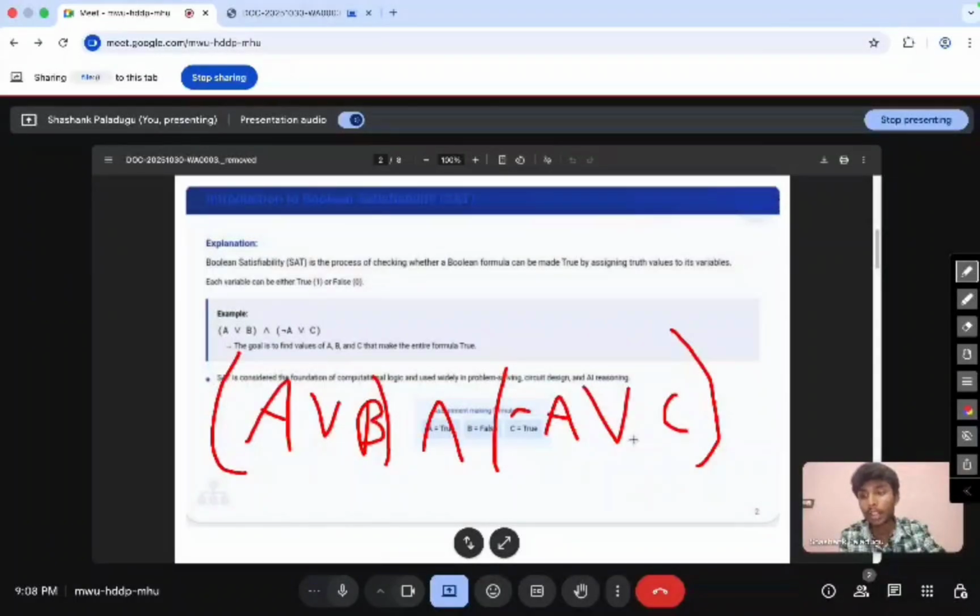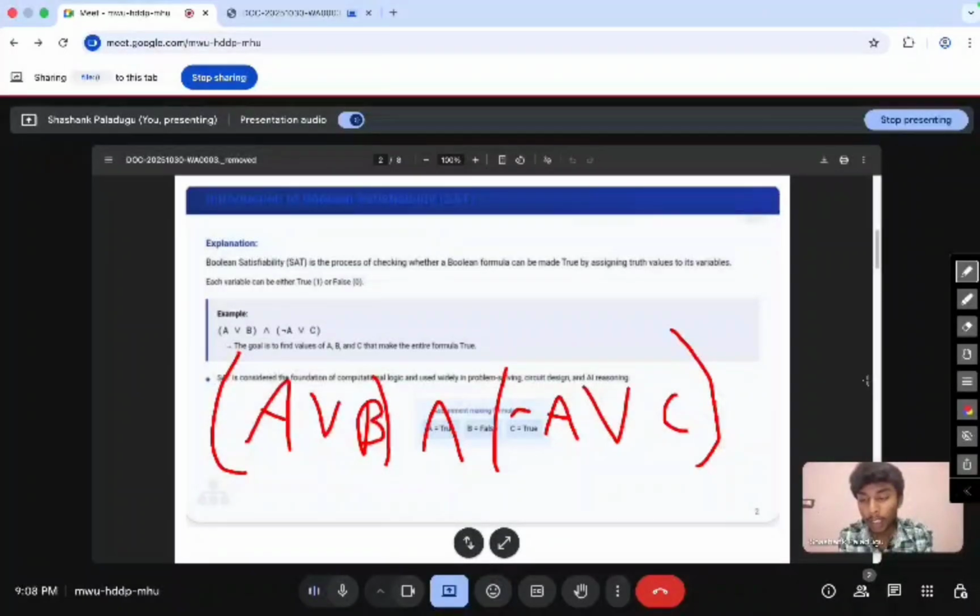Here, what I'm trying to tell is A is equal to false, B is equal to true, C is equal to true. Check the first part here, A or B, right? In A or B, if you look at this properly, false or true is equal to true.